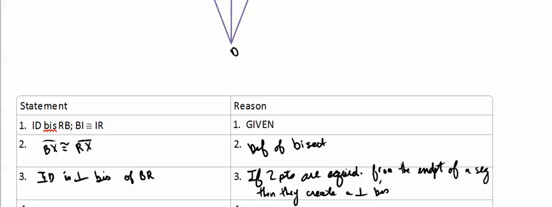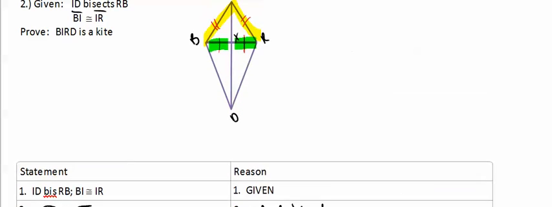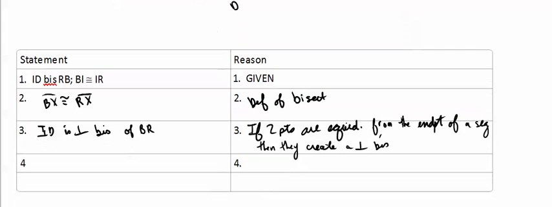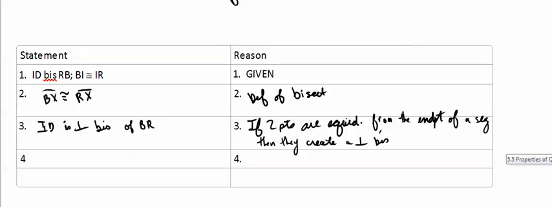So we'll put that into our 2-column proof: BX is congruent to RX based on the definition of bisecting. Then ID is a perpendicular bisector of BR based on the equidistance theorem: if 2 points are equidistant from the endpoints of a segment, then they create a perpendicular bisector. Since ID and BR are both diagonals, and we just stated that they are perpendicular bisectors, that does prove that BIRD is indeed a kite.